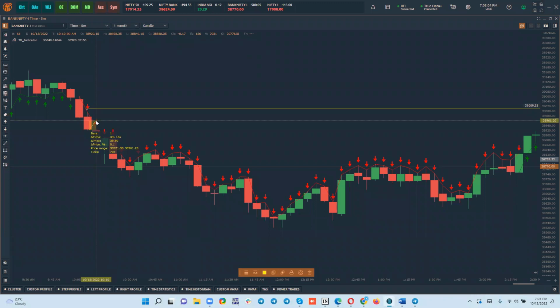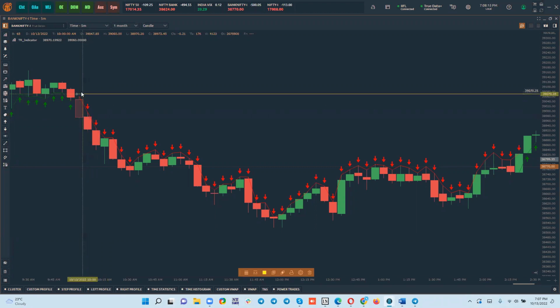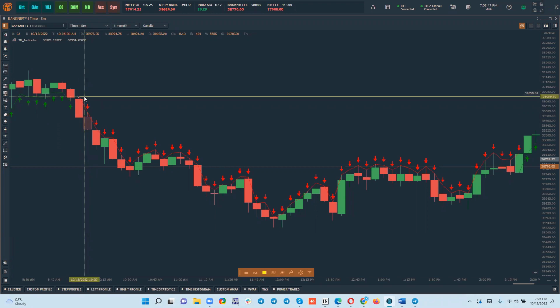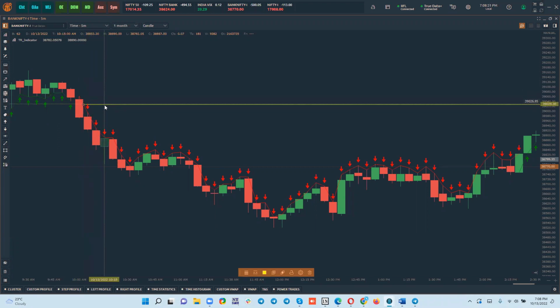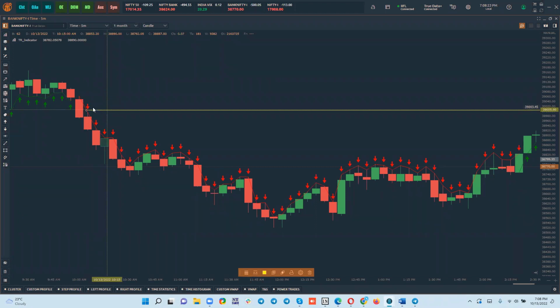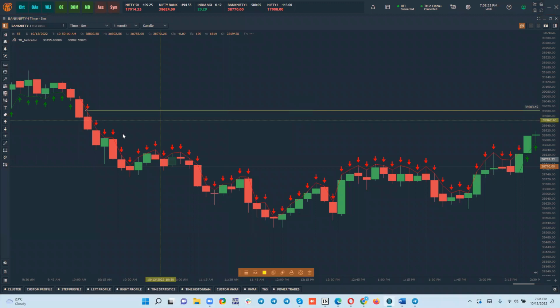So if you get such opportunities with minor risk, your stop loss will always remain at this level. There is another way to look at it. You can also put a stop loss one bar back, at the previous bar high. However, to reduce the risk, you can go with the first signal high as the stop loss. That is the most ideal way to do it because your risk is very limited in this case.